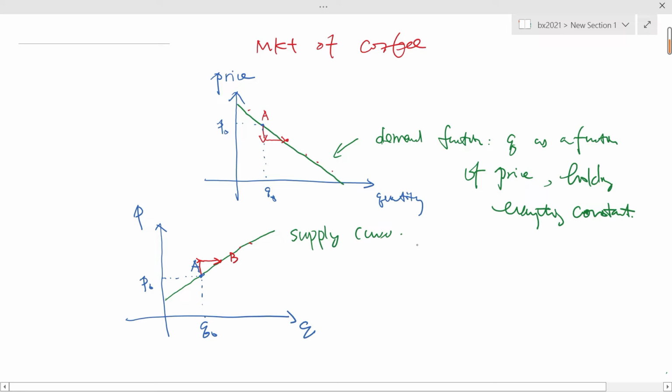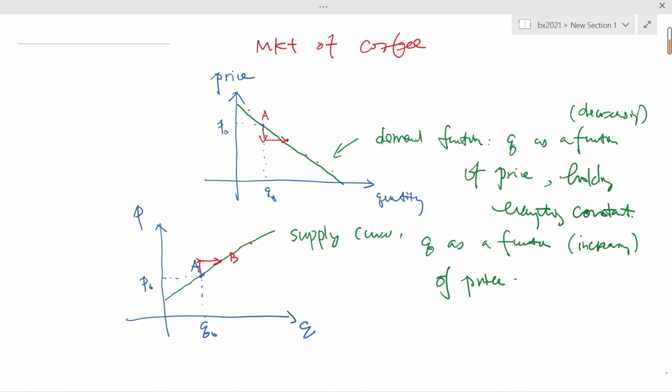It links quantity supplied as a function, more specifically an increasing function of price. So it's upward sloping. In contrast, demand is downward sloping, a decreasing function of price.